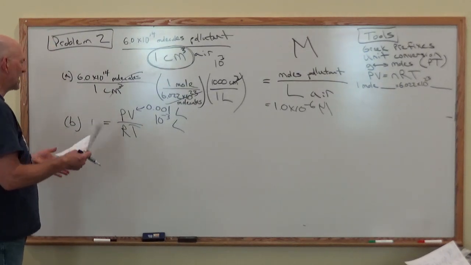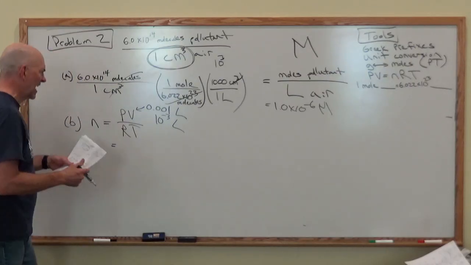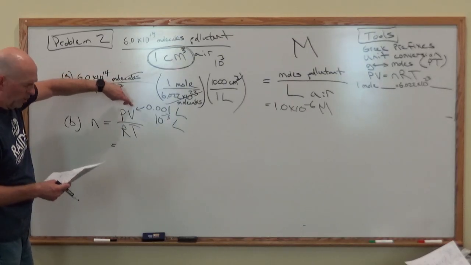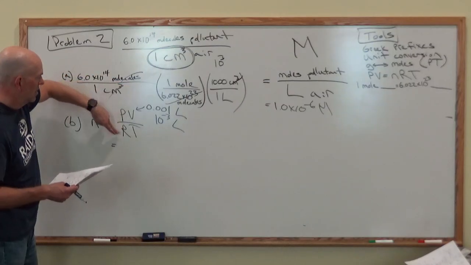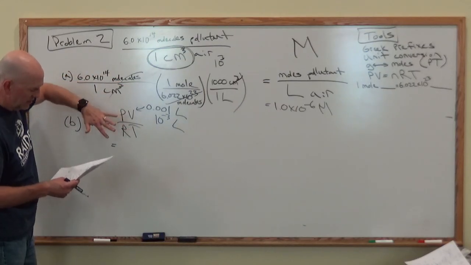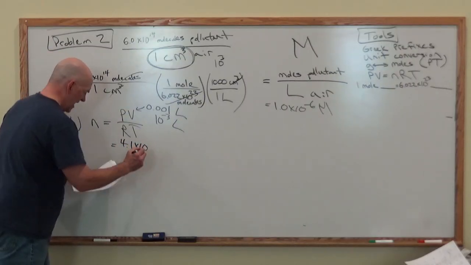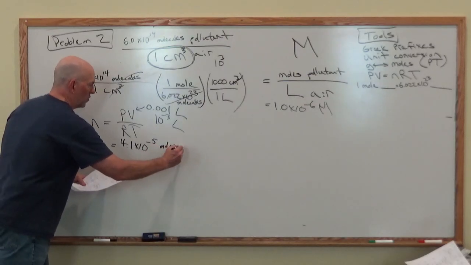And I don't think I need to sketch this one out, because when I did this, I came up, so just do the math. Pressure's 1, 0.001 liters, just a cubic centimeter converted to liters, no problem. R is R, T is T. I came up with 4.1 times 10 to the minus 5th moles of what?